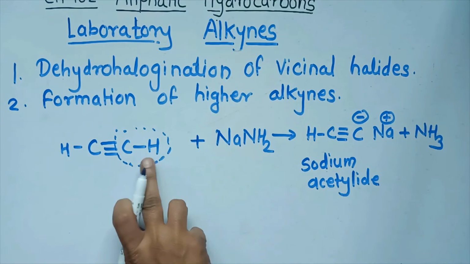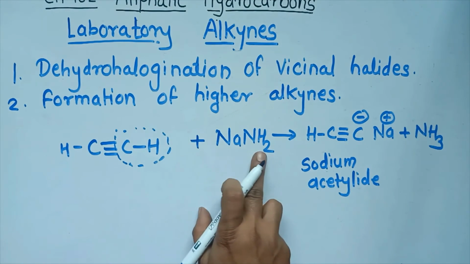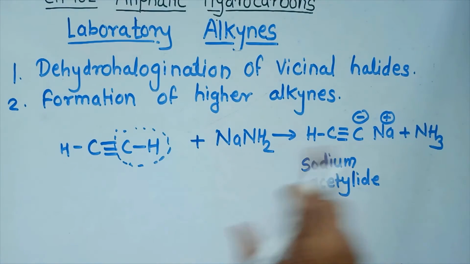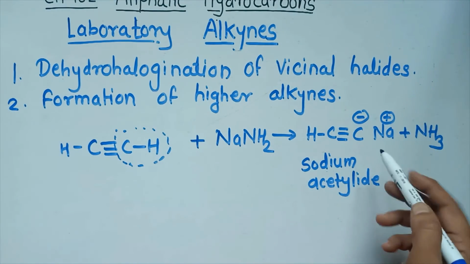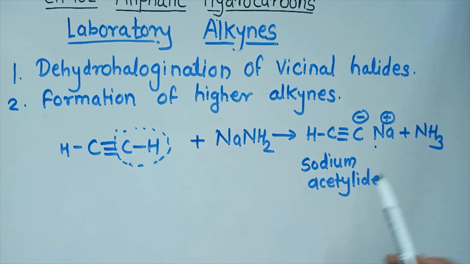This NH2 takes this hydrogen, there is a formation of NH3, and this Na is present in the close vicinity, and there is a formation of a salt that is called sodium acetylide.